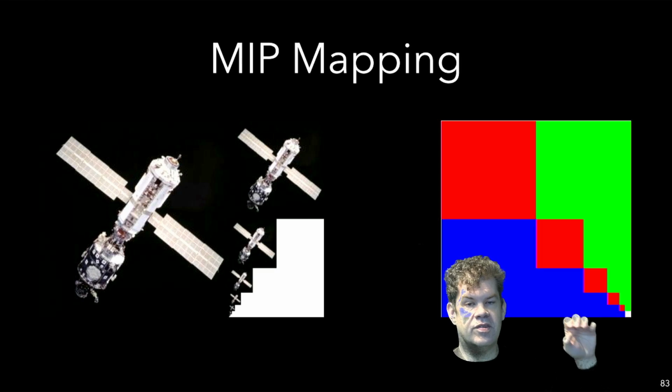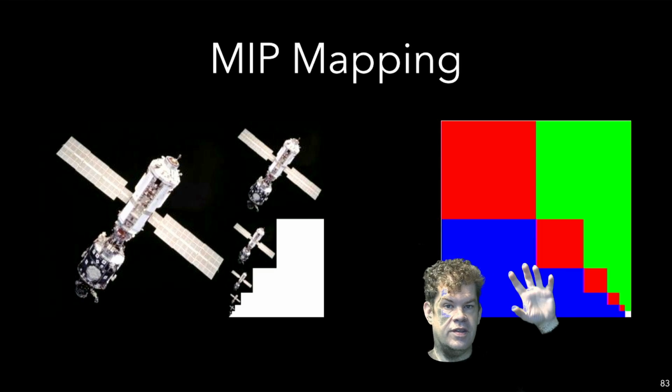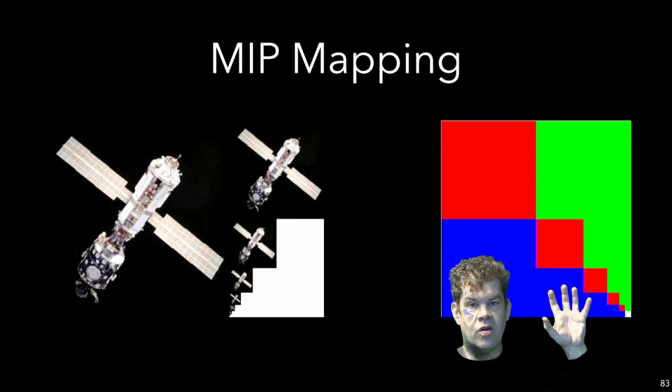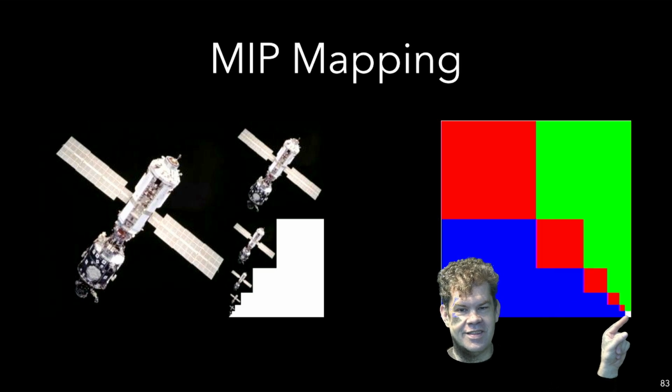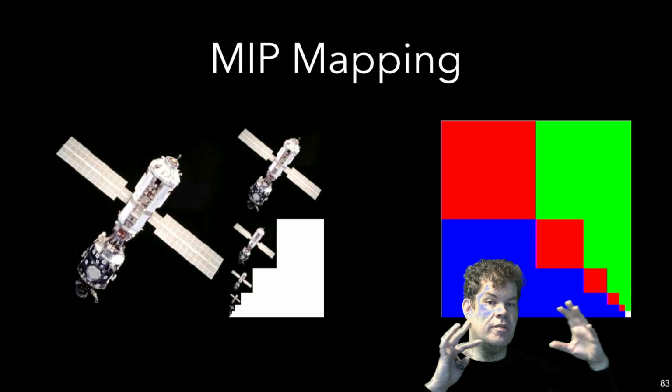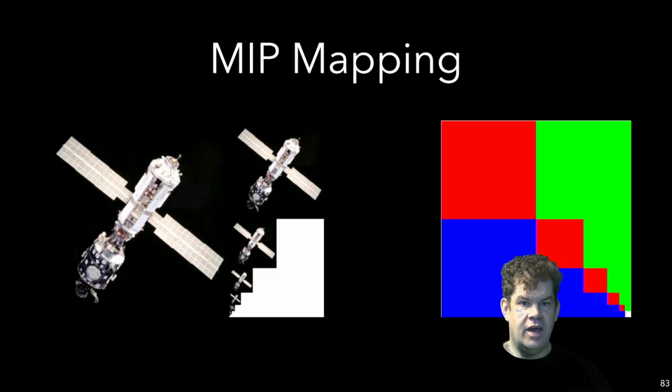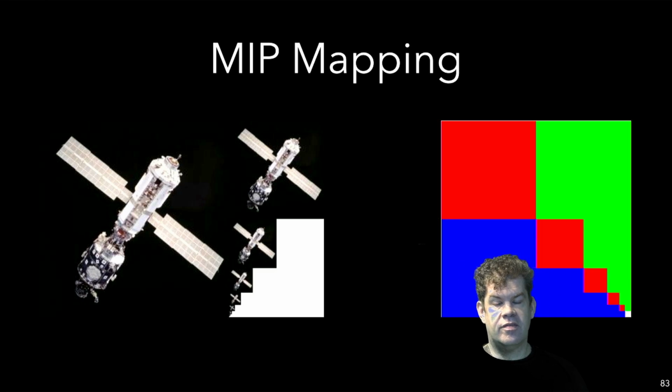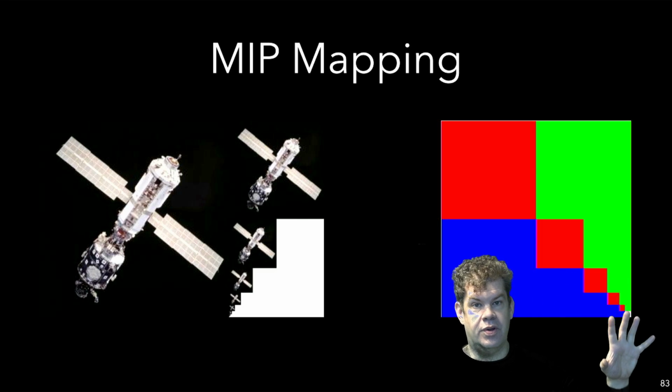So what this tells you is that for a 3-component image, this entire hierarchy consumes slightly less than a quarter extra. So this doesn't blow up the data by a humongous amount. It basically blows it up by 1/3.